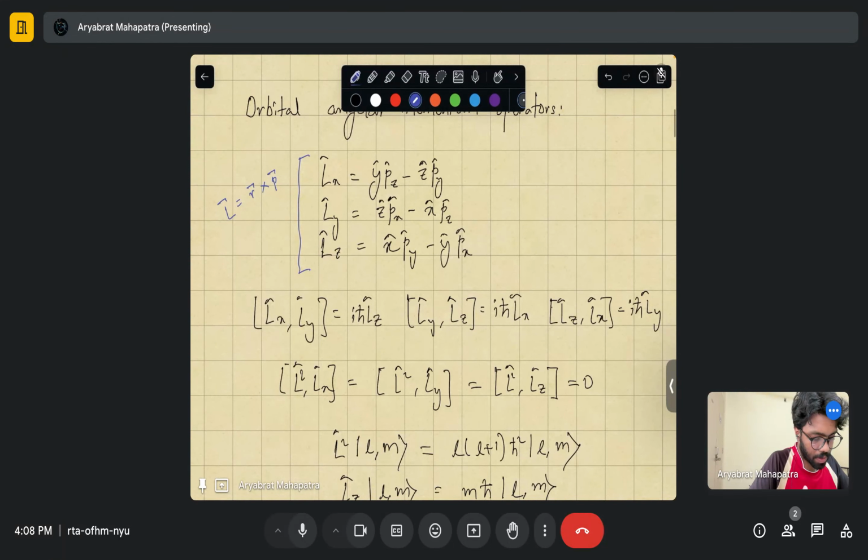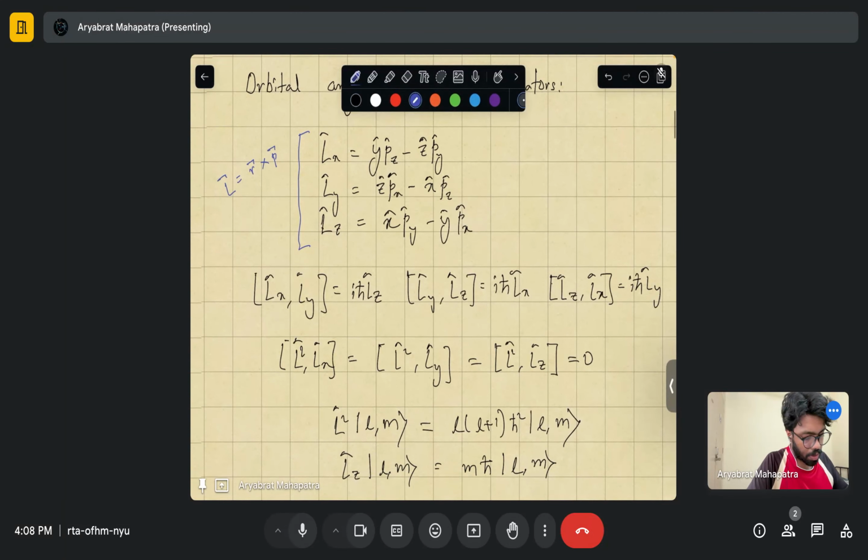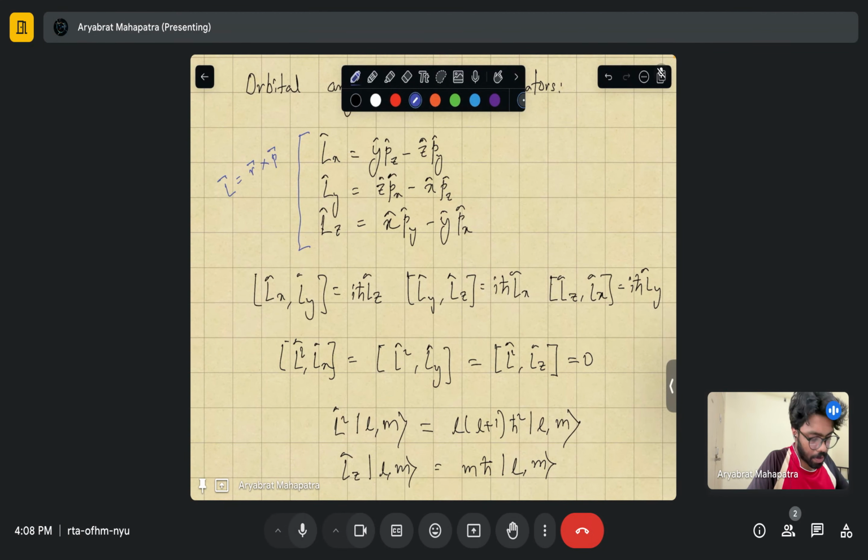Once you have these angular momentum operators, you can write their corresponding angular momentum algebra, which is basically the commutator algebra. It is written like this.